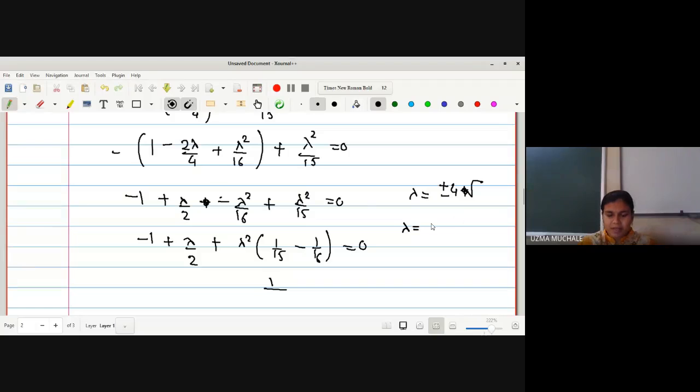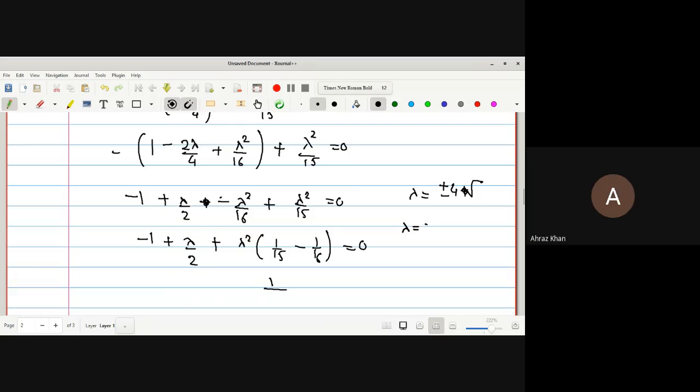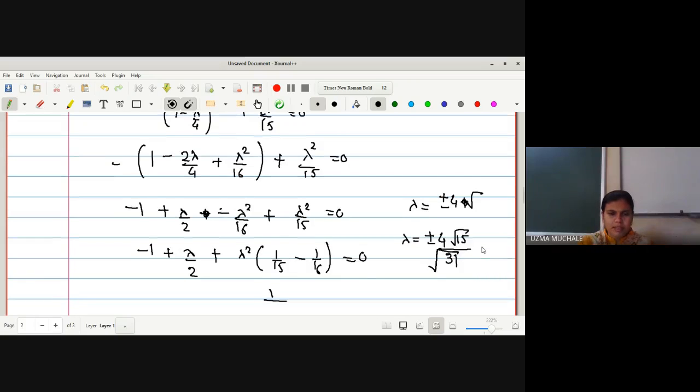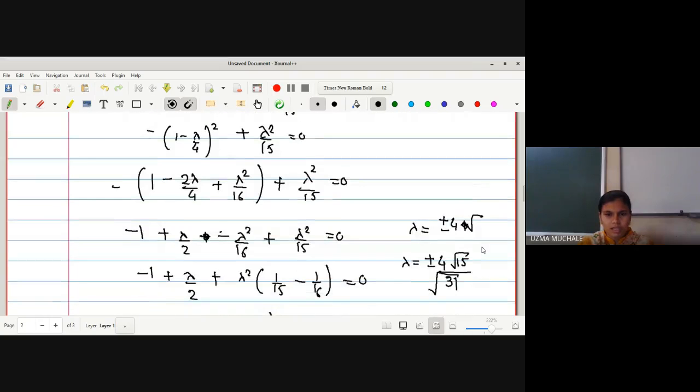Tell me the value of lambda: plus or minus 4 into square root of 15 upon 31. Okay, 31 is also in the square root. 4 is outside, no? Have you got the same answer, every student? Actually, I haven't solved this example.